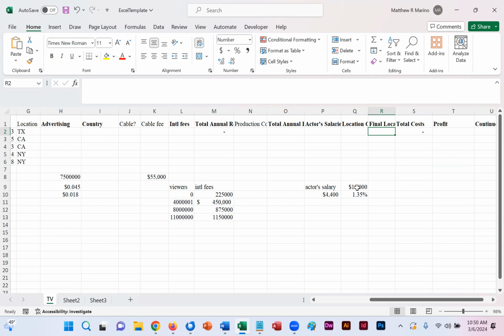So the maximum is 10,000. So if it's over 10,000, then it'll give you 10,000. But because some of these aren't in New York, like Texas and Canada, the final location cost is going to be 0, just like the location cost. So you have to do comma 0 for the false of the if statement.